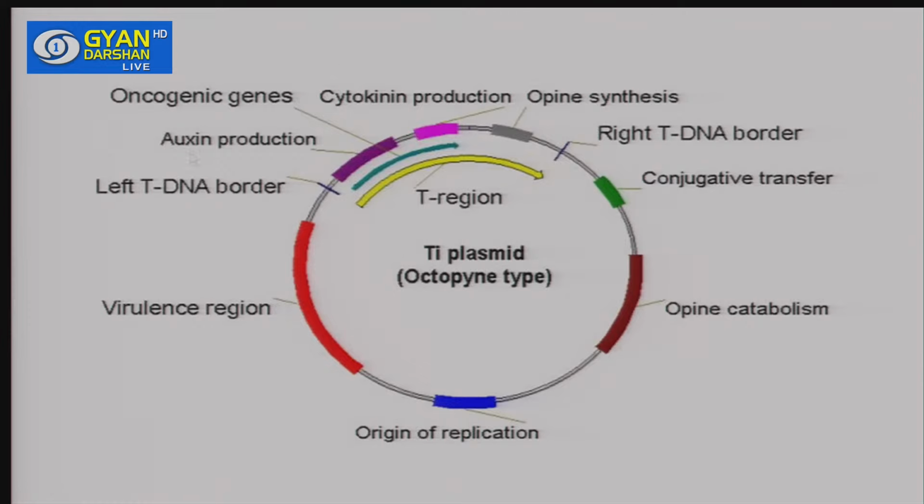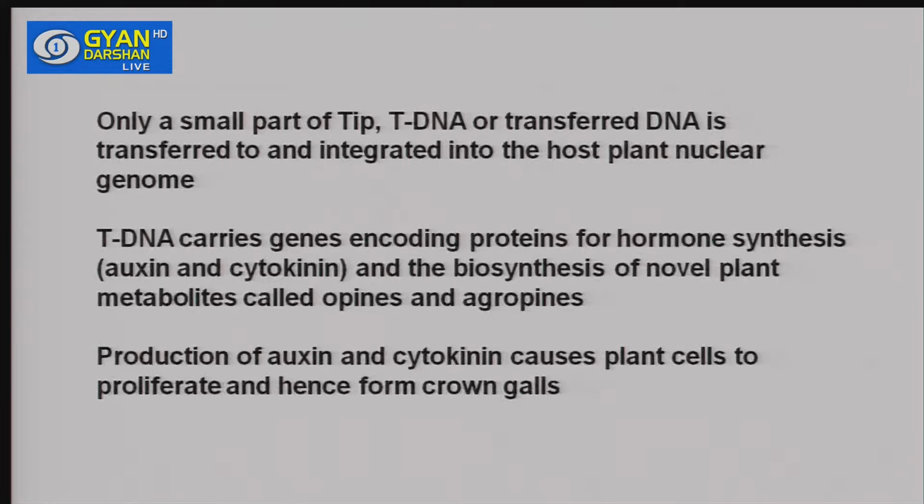That is, they allow the tDNA region to gain entry into the plant cells, but they themselves do not get entry into the plant cell. So with this picture in our background, we will try to focus on each of these components in a little bit further detail: how they are being regulated, and what function they precisely regulate during the transformation process.